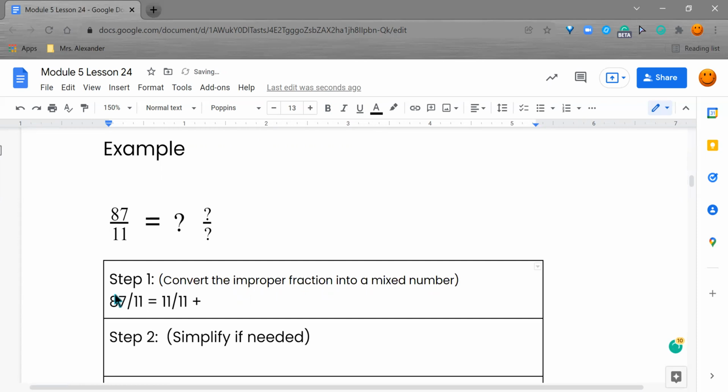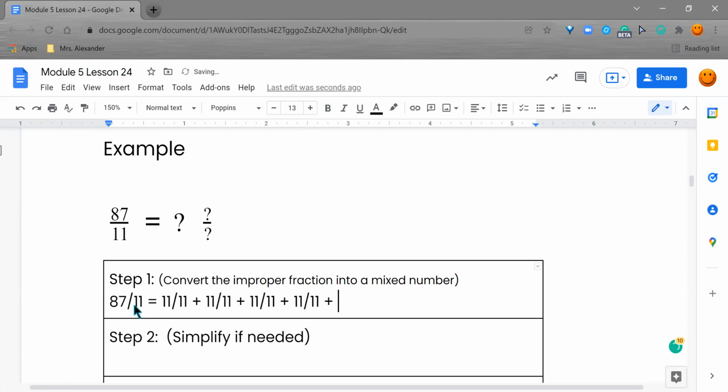Well, I know 11 plus 11 is 22. So I'm going to put in 2 of them. But is that 87? No, so we've got to keep going.